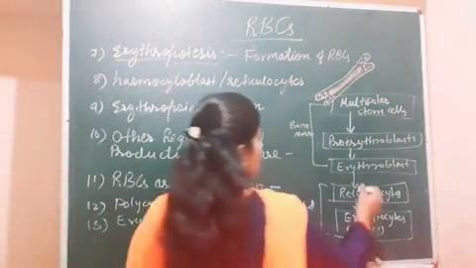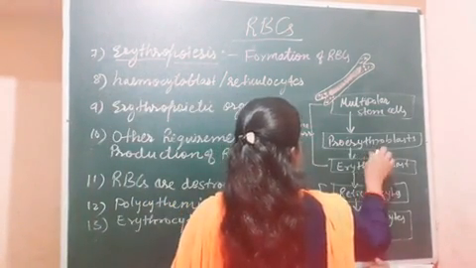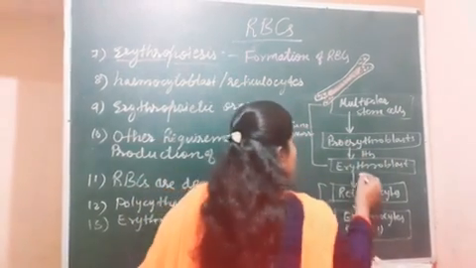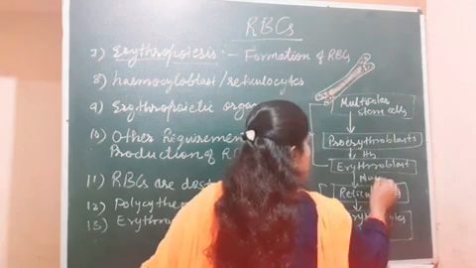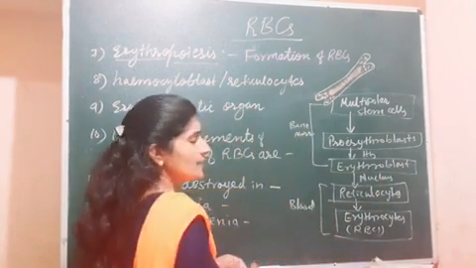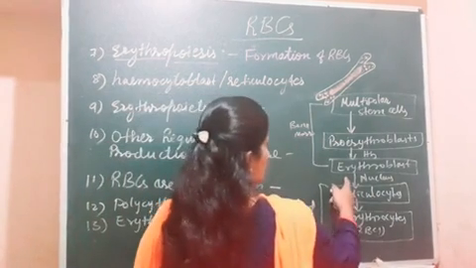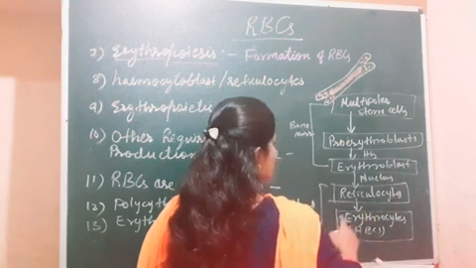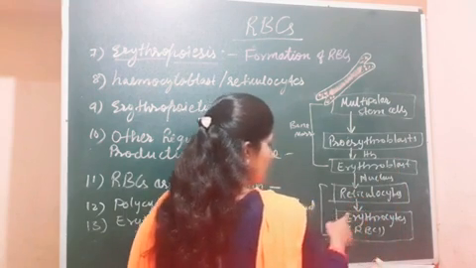Now, in the proerythroblast and erythroblast, Hb is synthesized. And here the nucleus will be ooze out. In the mature RBC, the nucleus is absent. So in the erythroblast stage, the nucleus will be released out. In the reticulocytes, what will happen?